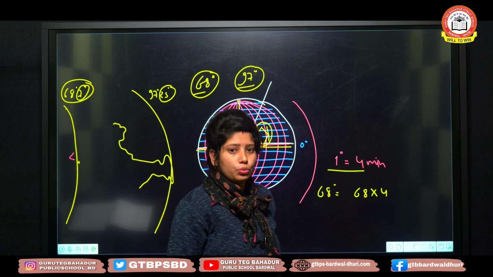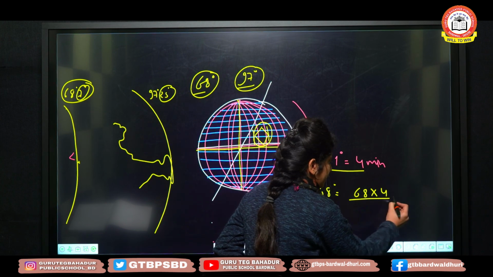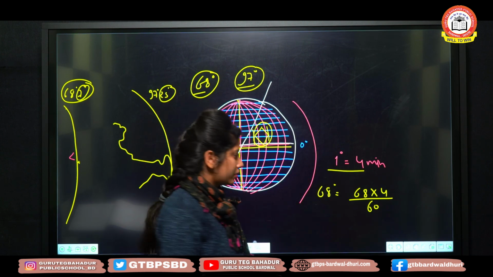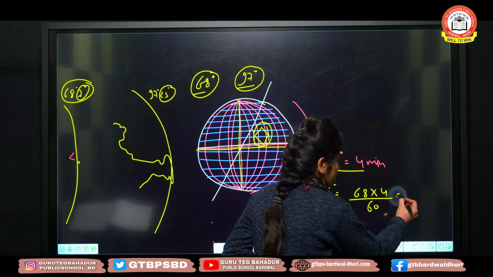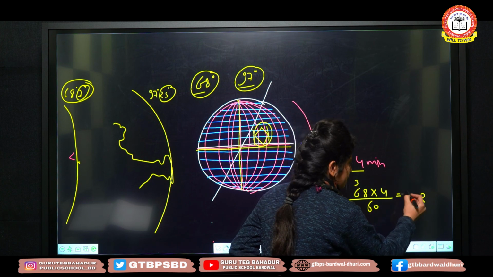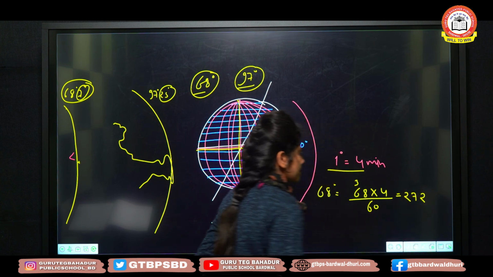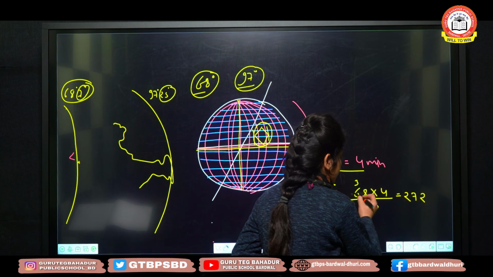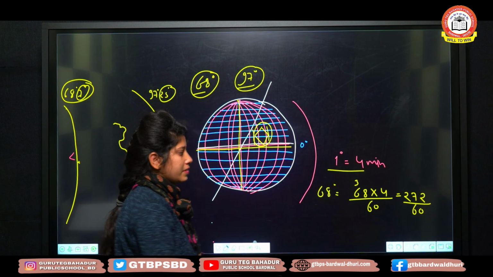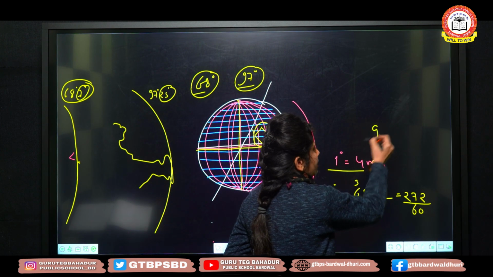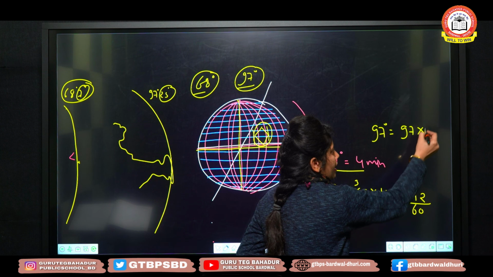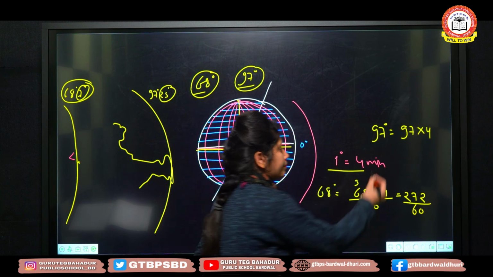We are converting it into time and dividing by 60 to convert it into hours. Okay, divided by 60, and here 97 degree, that is 97 multiplied by 4. Okay, and what will we get?